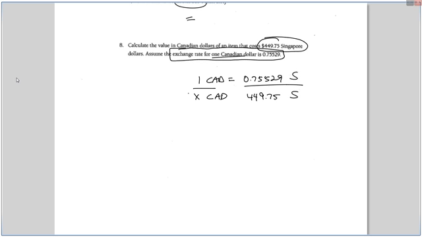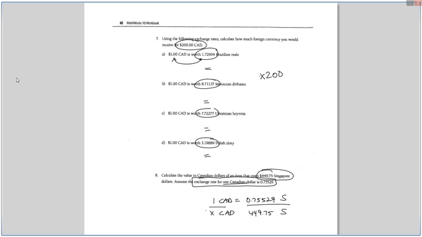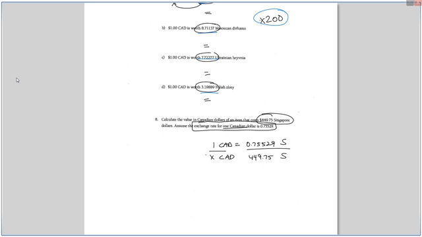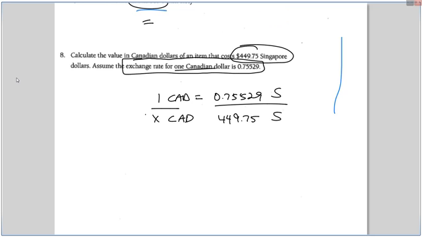When you cross multiply, this one actually ends up being a divide. Like the questions above, you just took your money that you have and times it by the exchange rate, so it's just a times. Well, in this question, because of the way that they set it up and the way that they gave you information, it's actually going to be a divide. You divide by the exchange rate because you have the other currency. So how do you know that?